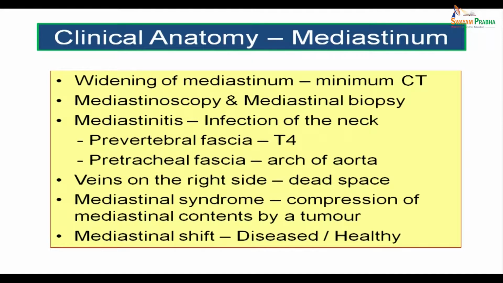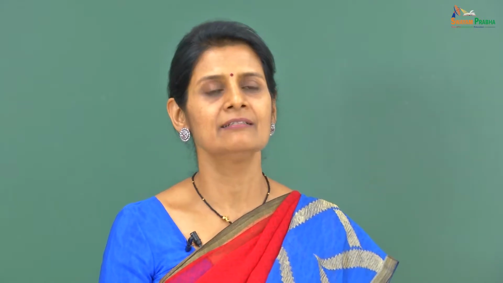Mediastinal shift is when the mediastinum, which is a midline septum, shifts to one side. If there is a disease like atelectasis, when there is a collapse of the lung, then there is decrease in the intrapleural pressure. Then the mediastinum shifts to the diseased side.